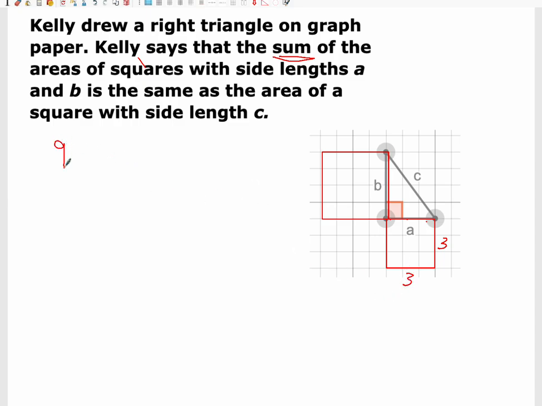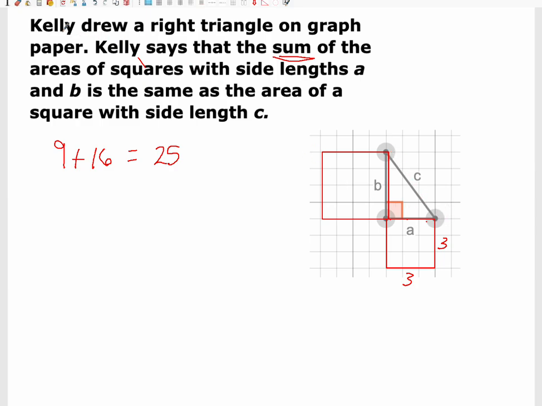So we're going to do 9, and then this one has a side length of 4 and 4. All right, 9 plus 16, and that would equal what? 25.